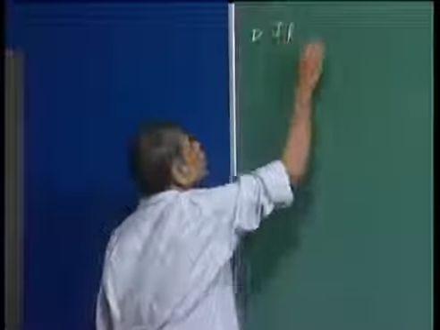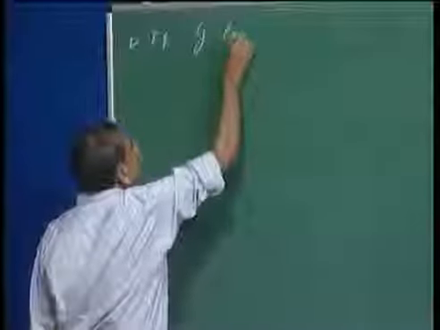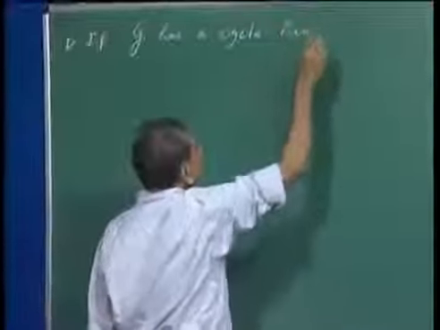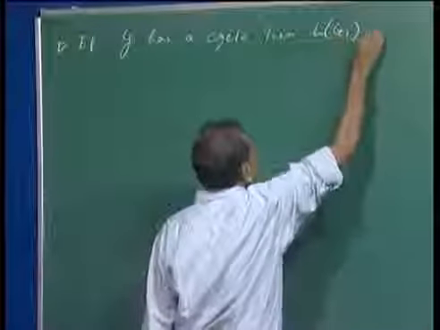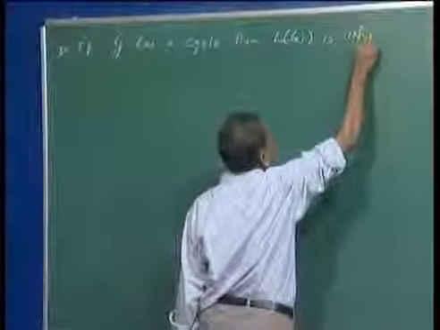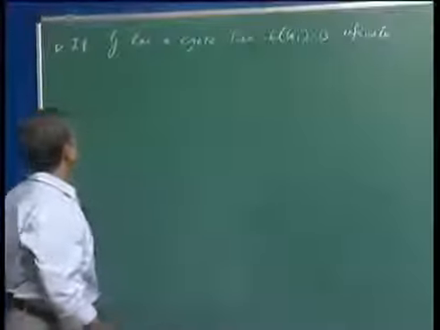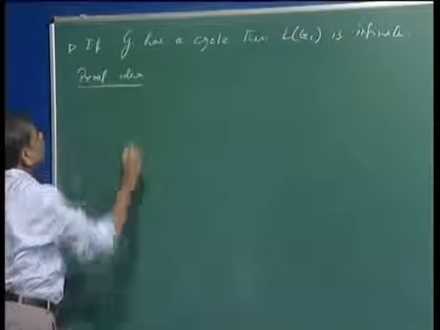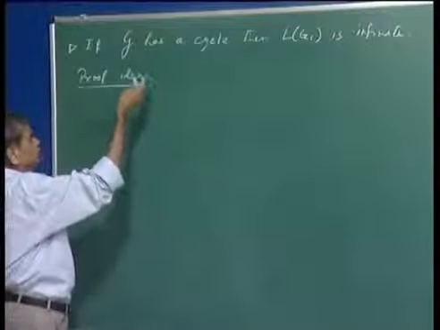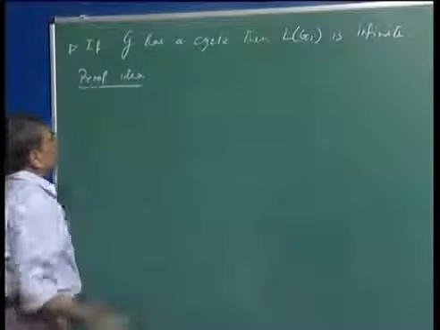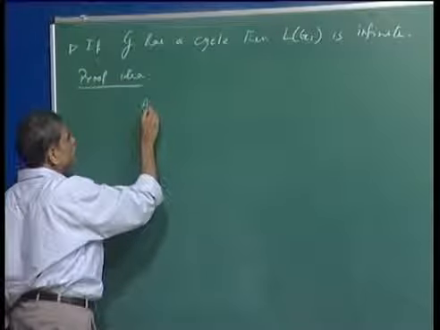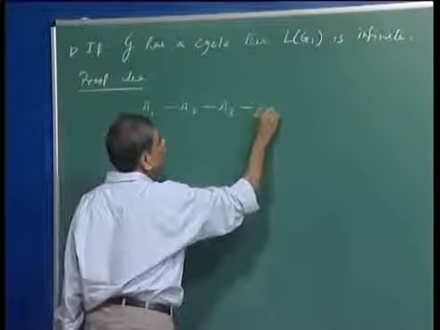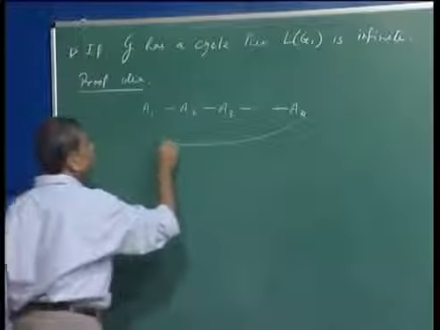If the graph has a cycle, and the proof idea is: suppose one cycle that we have in this graph is of the form from A1 to A2 to A3 to AK and back to A1.